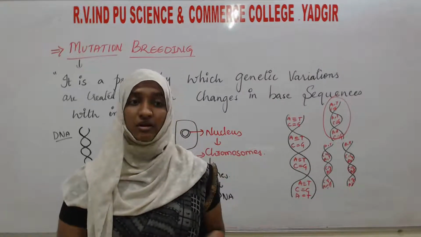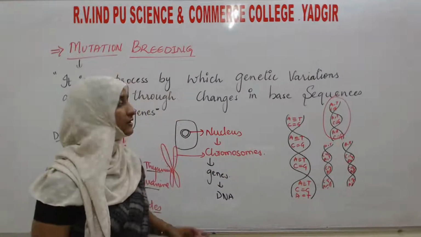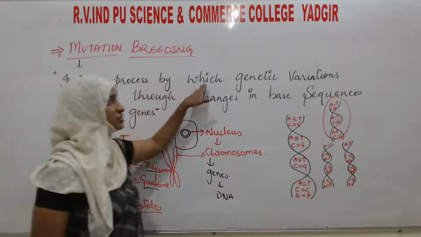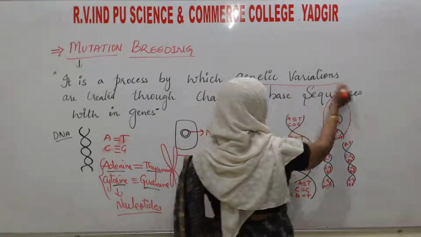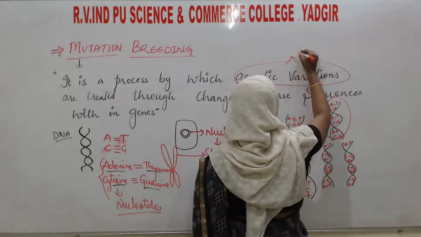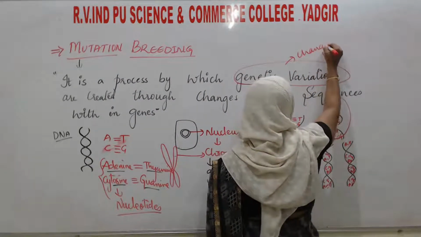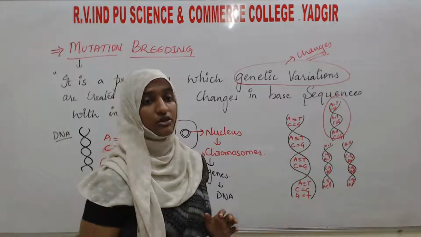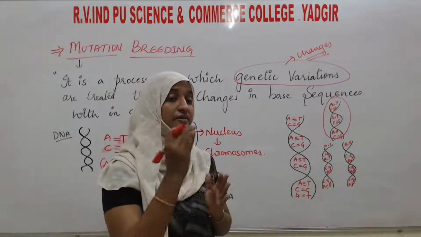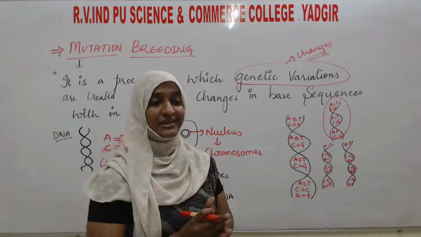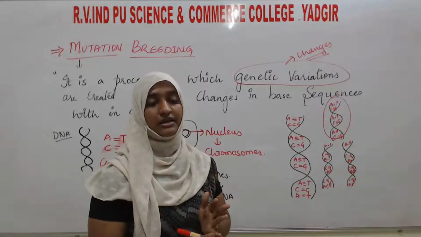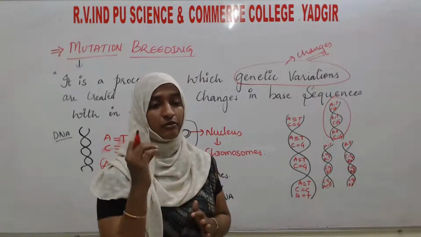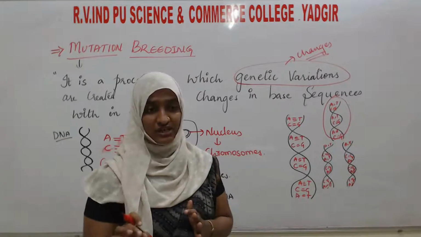What happens during mutation? Listen here, it is a process by which there is genetic variation, genetic changes at the genetic level. Some changes are going to occur at the genetic level, meaning in the DNA, RNA, and the protein which codes for a specific trait.